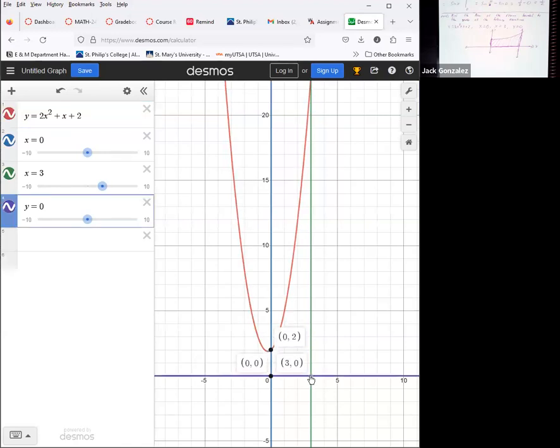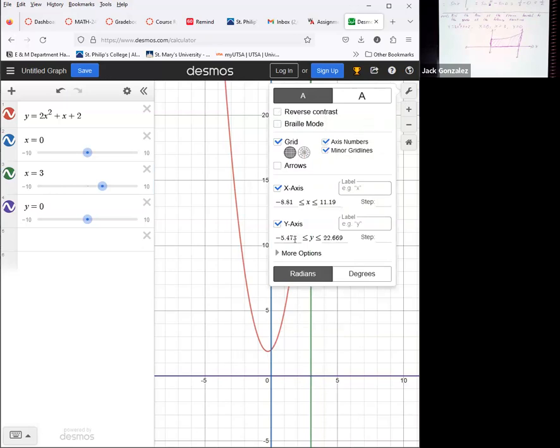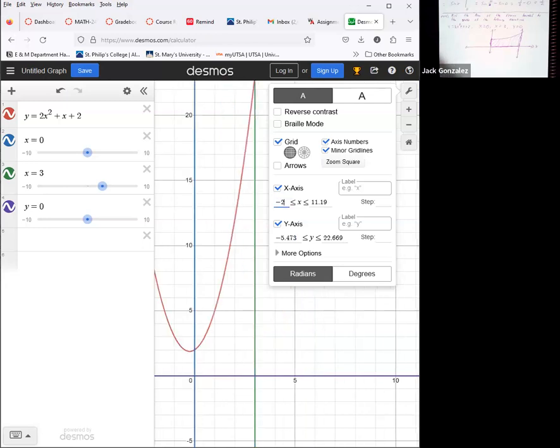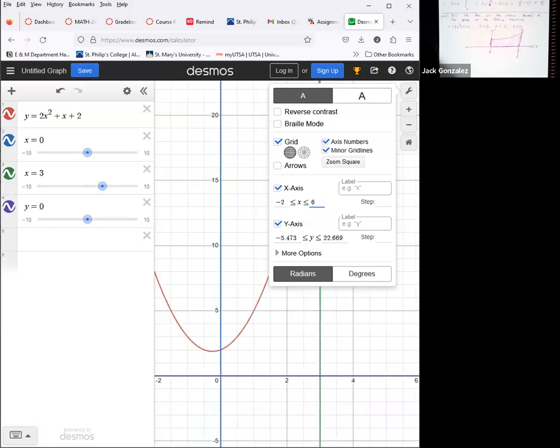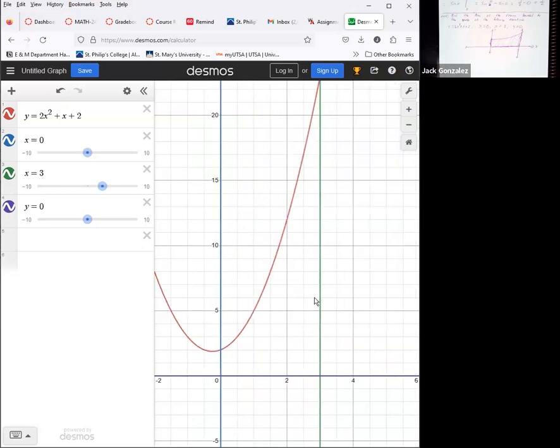Here's the purple line, y equal to 0, the horizontal line. So let me see if I can zoom in better. So the shaded region is all this. See what I mean?